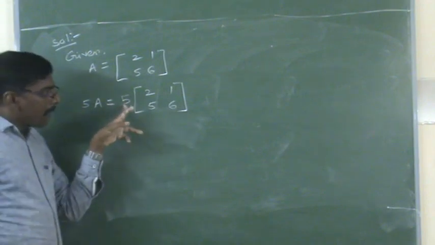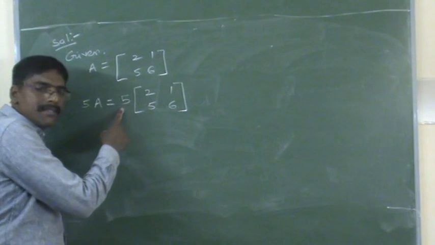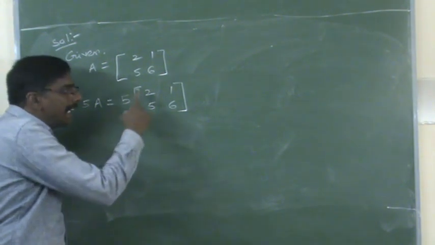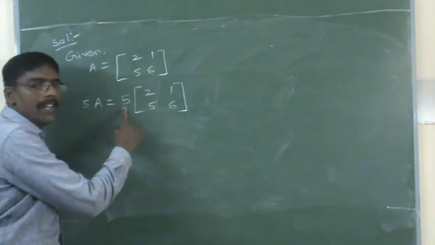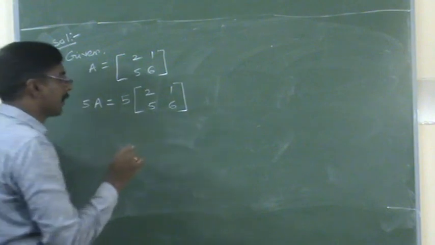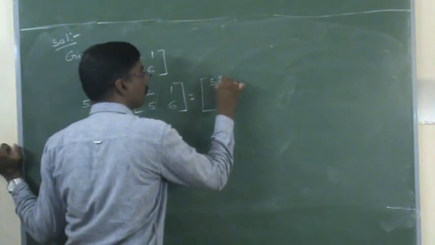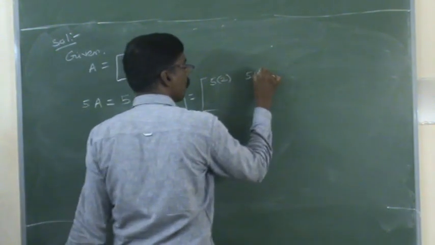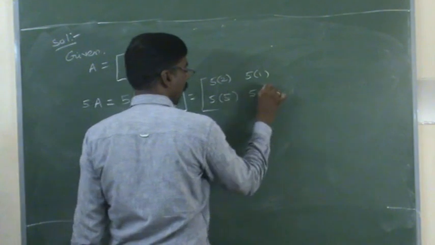This 5 is multiplied by each element inside the matrix. That's how simple. That is 5 into 2, then 5 into 1, then 5 into 5, then 5 into 6.